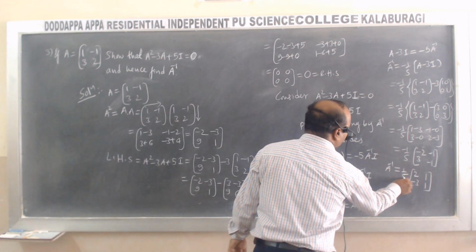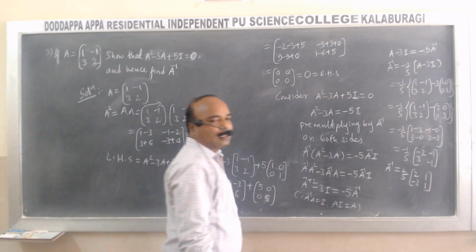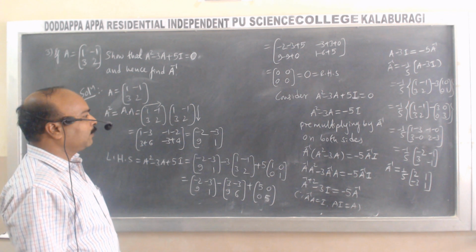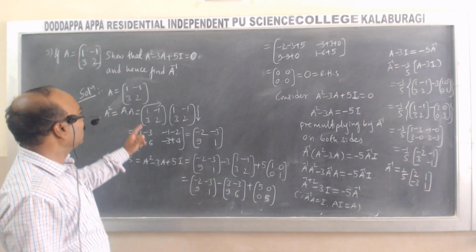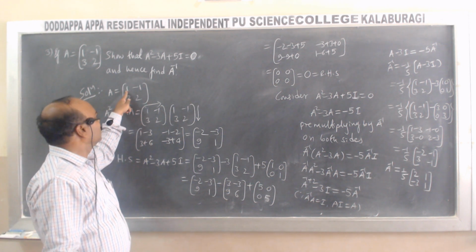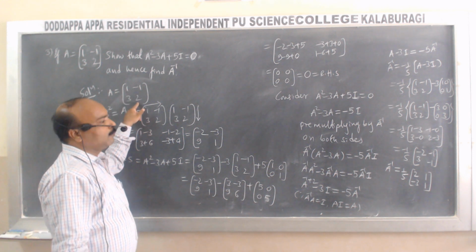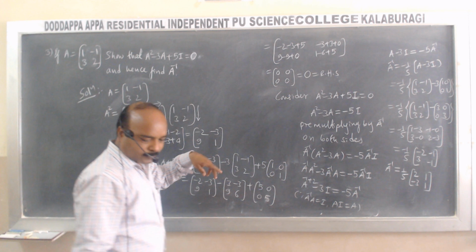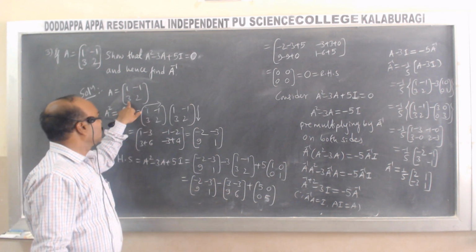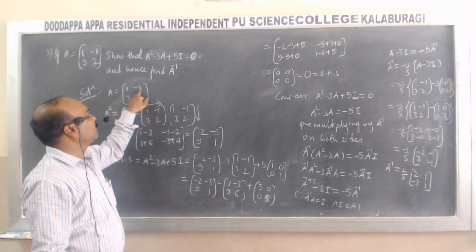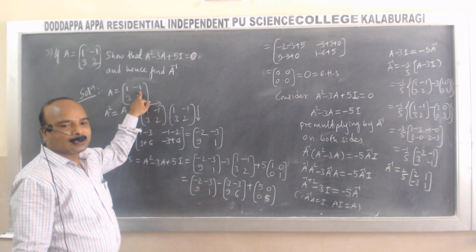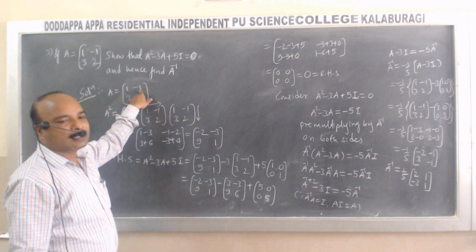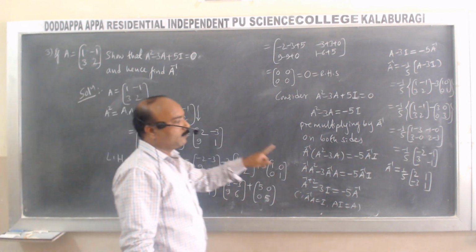By using this equation we calculated the inverse of the matrix. Now we can verify by the direct method, that is the adjoint of the matrix. Here we interchange the diagonal elements, it is done, 2, 1, and change the sign of the non-diagonal elements: 3 changes to minus 3, minus 1 changes to plus 1, and the determinant value is 2 plus 3, it is 5, that is 1 by 5 you get.